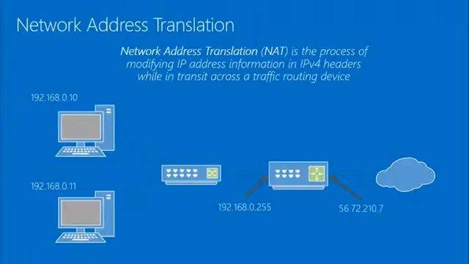Okay, so network address translation, if you look at the slide here, as we said, it's the process of giving or modifying addresses from one system to another. You basically see we have some devices here, 10, 11. We have a hub or possibly a switch to allow those to intercommunicate with each other.